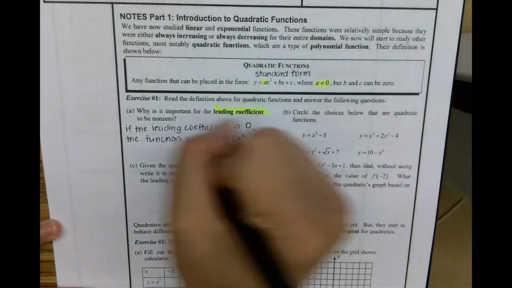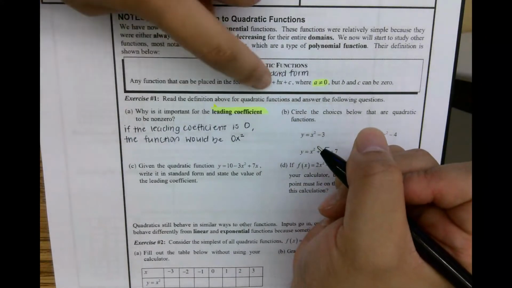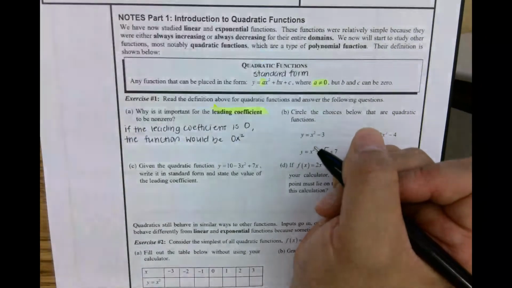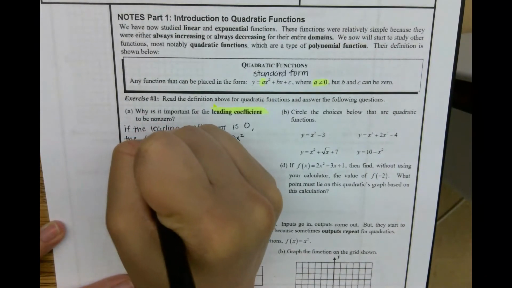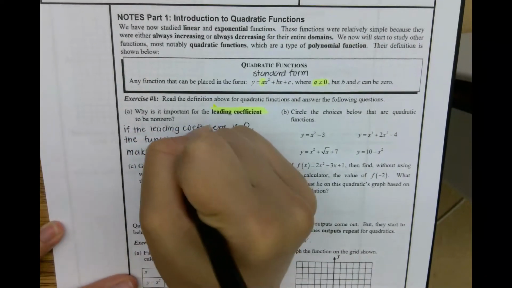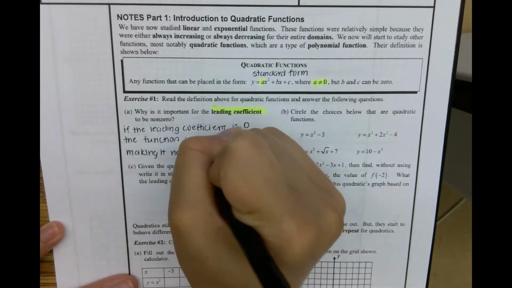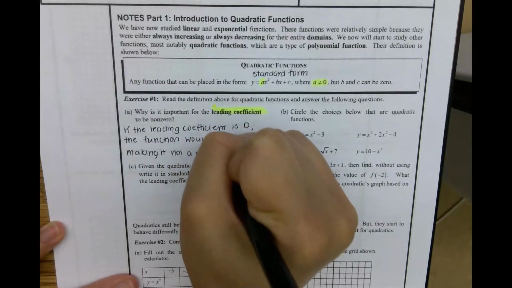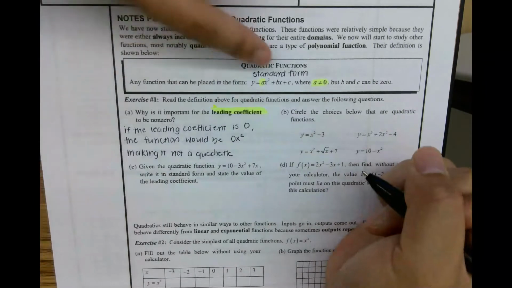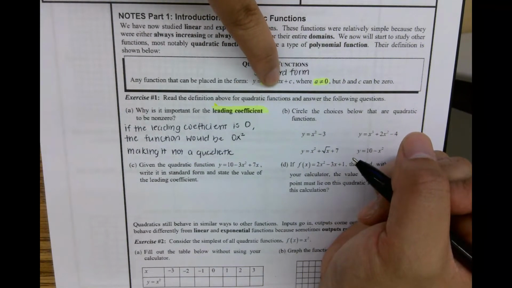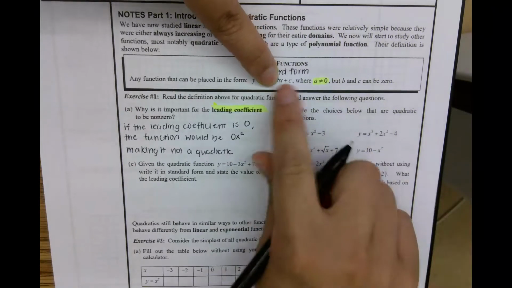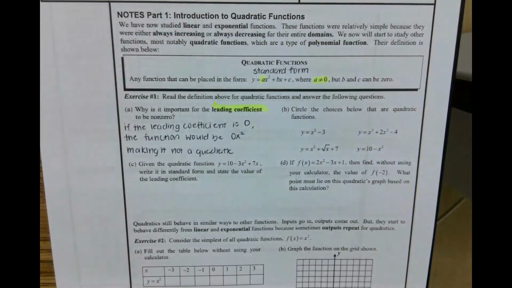What would happen then is this term would not be here anymore, and it would be bx plus c, which would make it no longer a quadratic, because that term would not be here at all. It would no longer have x to the second power. Instead, it would be bx plus c, and that would make it a line.